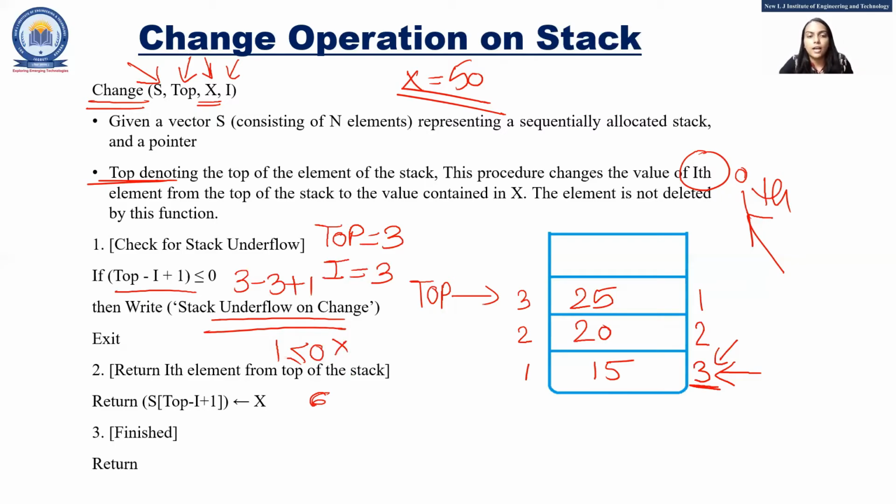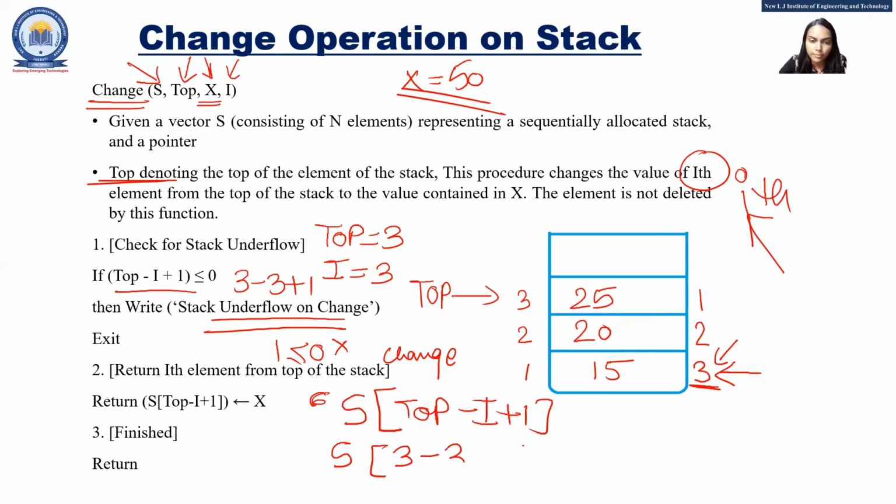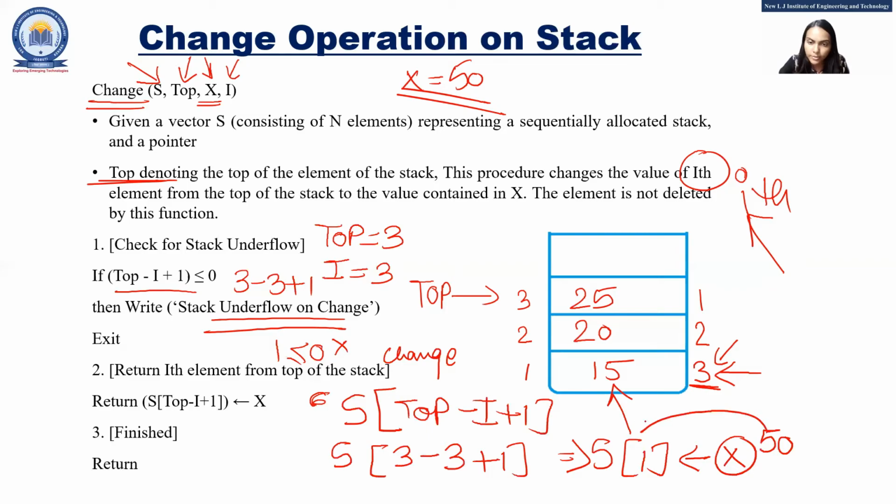So we will return the ith element. What is the ith element? Return the element and also we need to change it, okay? So S of top minus I plus 1. What is S of top minus I plus 1? Top is 3 minus I, which is also 3, plus 1, which is nothing but S of 1. What is S of 1, students? 15. And now if I place the value of X, which is 50 in our case, what will happen? This 50 will be assigned to the first element of the stack.